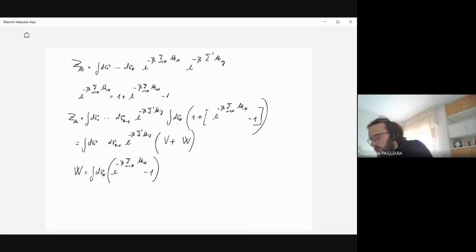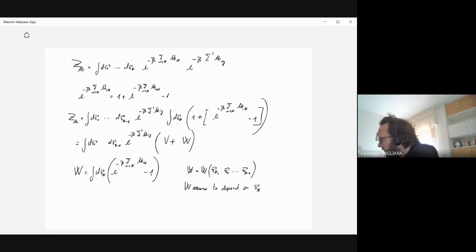Now, W is actually a complicated function of Rn, but also of all the other coordinates. What we will assume is that W depends on Rn, but not on R1 to Rn minus 1.